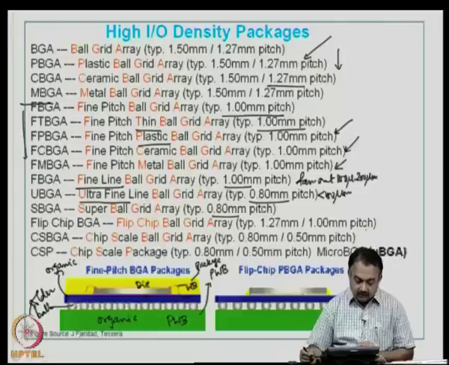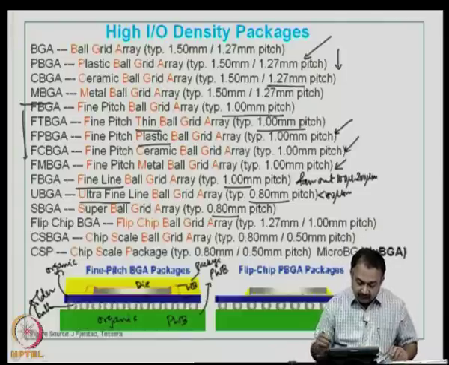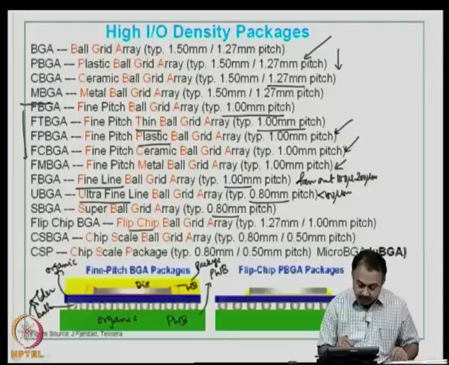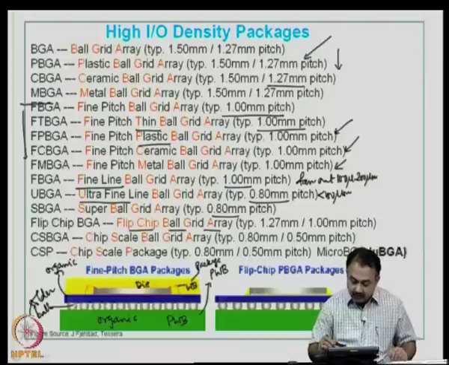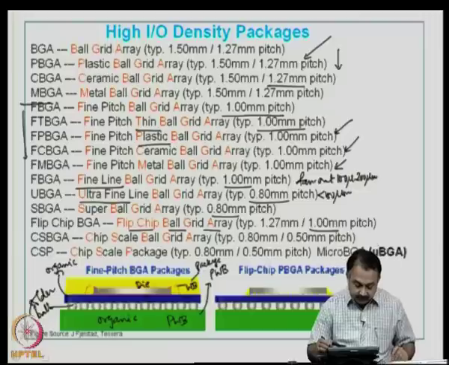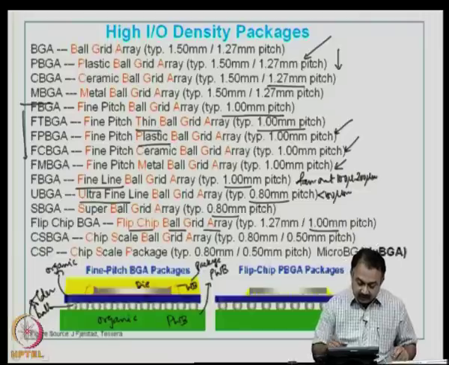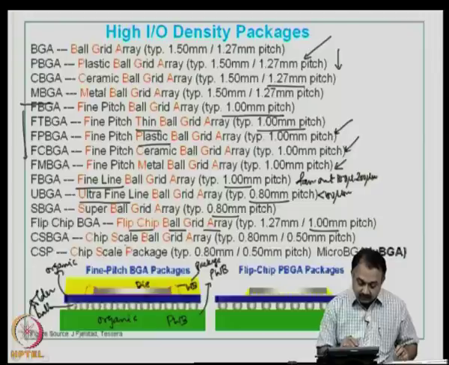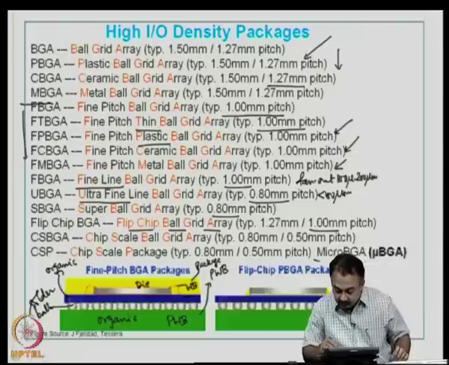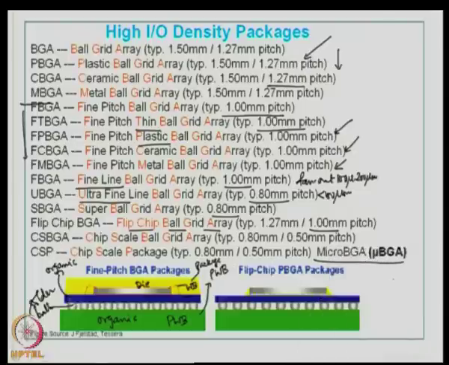Then this is a very common terminology, that is FCBGA, flip chip ball grid array, and pitches are 1 mm downwards. Then you have CSBGA, chip size ball grid array, and chip scale package, CSP, which is also known as micro BGA. In fact, micro BGA is a terminology introduced by the company Tessera.